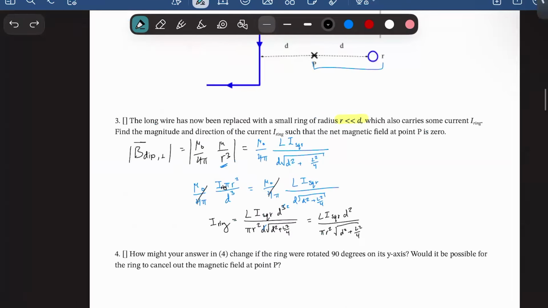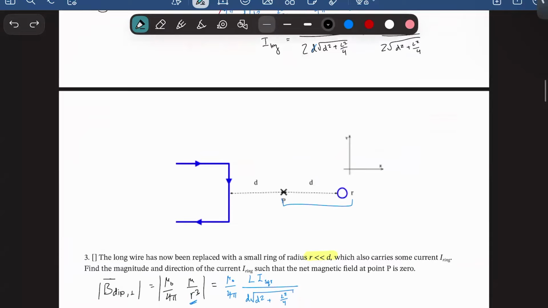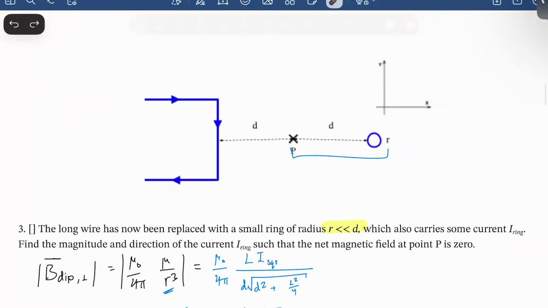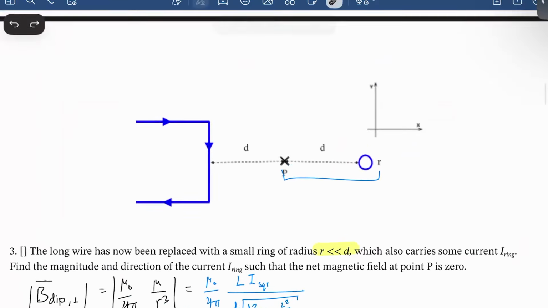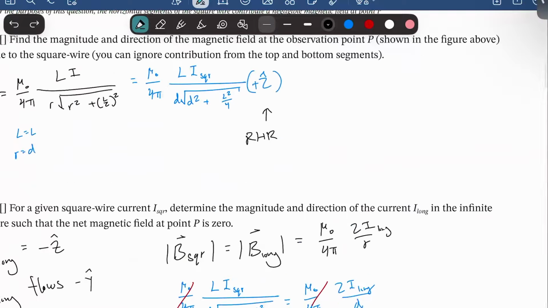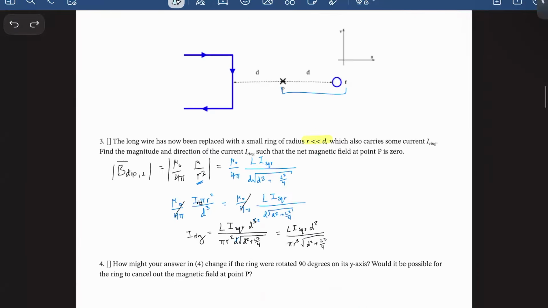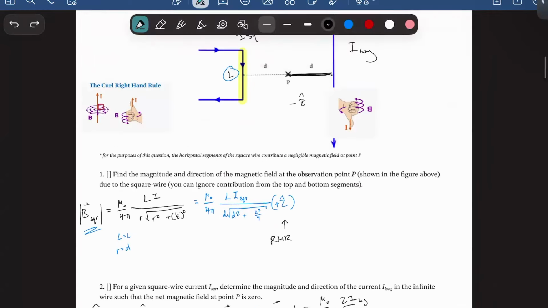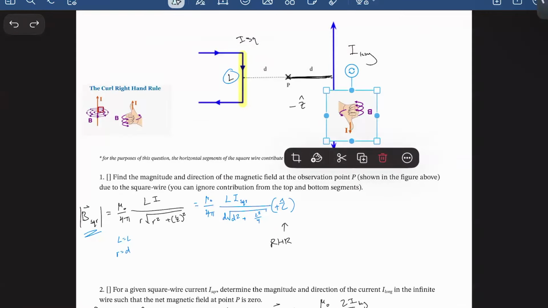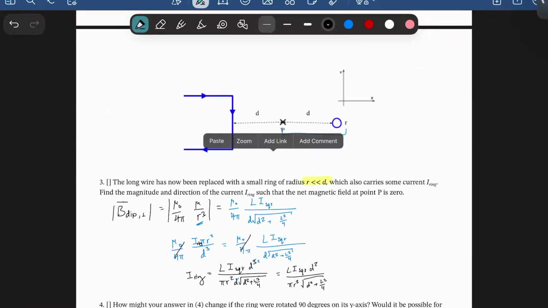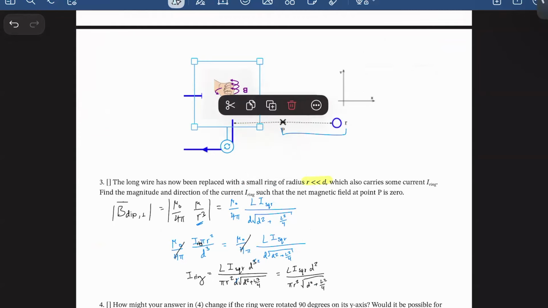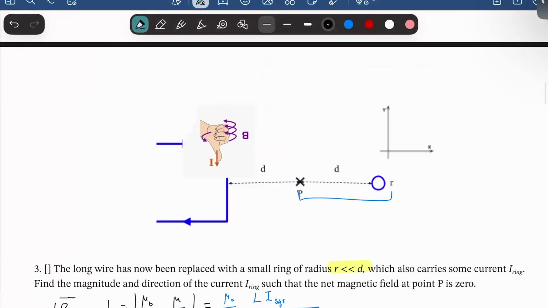So let's figure out whether it's flowing clockwise or counterclockwise inside this loop. Again, with the right hand rule, maybe I can reuse this picture. Where did I put it? Oh, here. We already saw that from the I square, the magnetic field points out of the page.